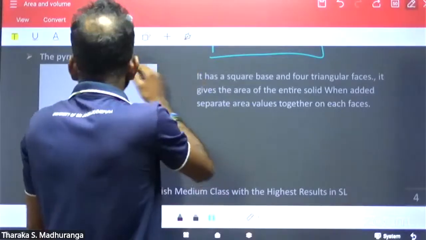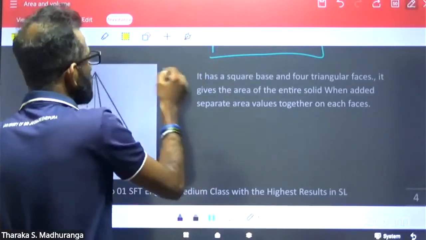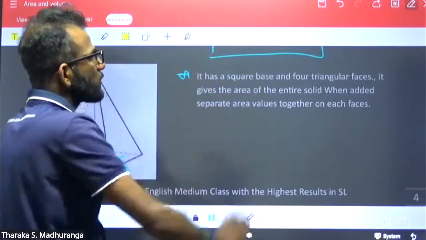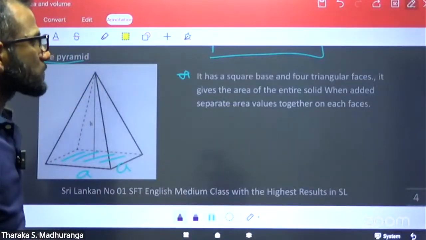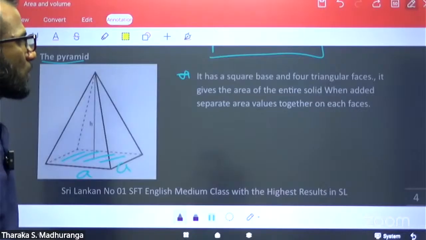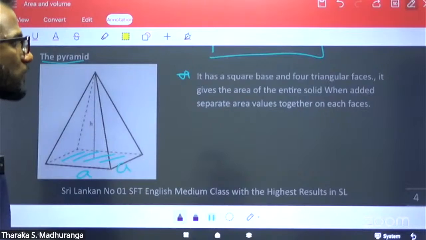Note down the pyramid: it has a square base and 4 triangle faces. It gives the area of the entire solid when the separate area values of each face are added together.